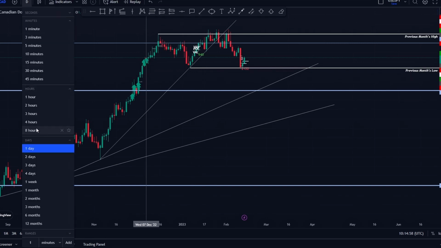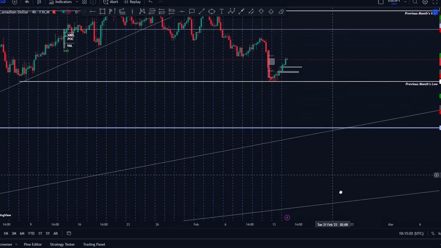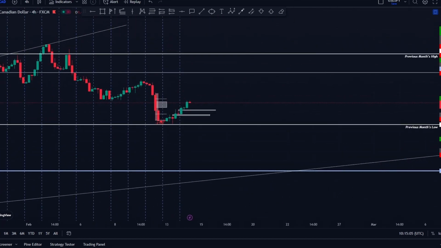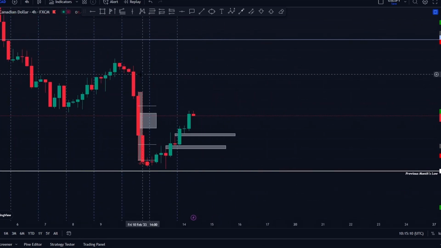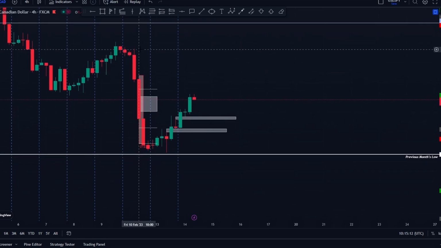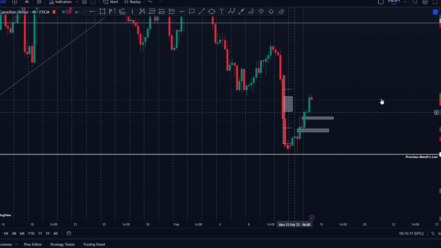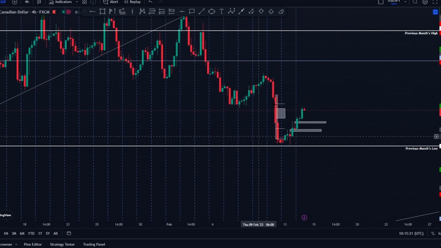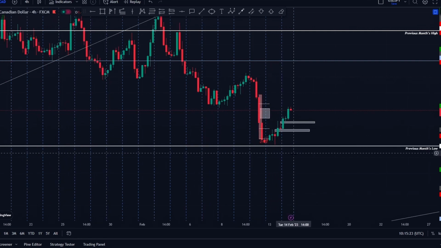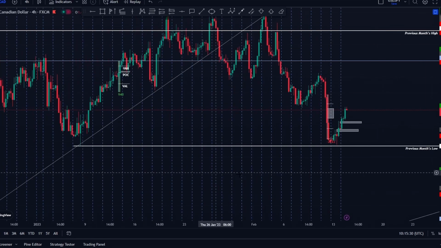So if we drop down to the 4-hourly time frame, what you can see is that last week we had a lot of aggressive sellers coming into the market. On Friday the 10th, you can see aggressive sellers coming in on that C leg of the Elliott wave move, but we had a ton of absorption right around this level, which lines up with the previous month's low.